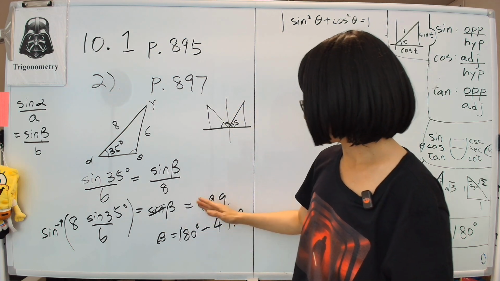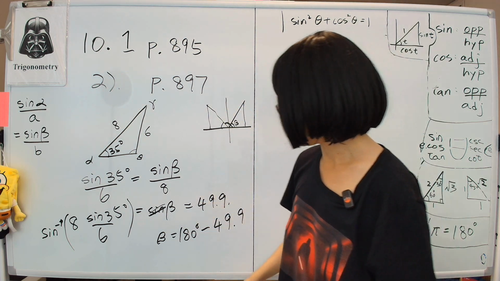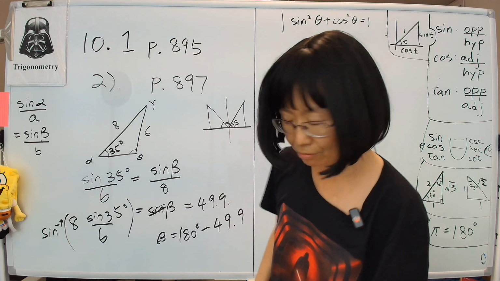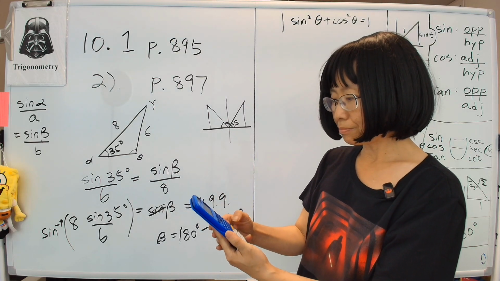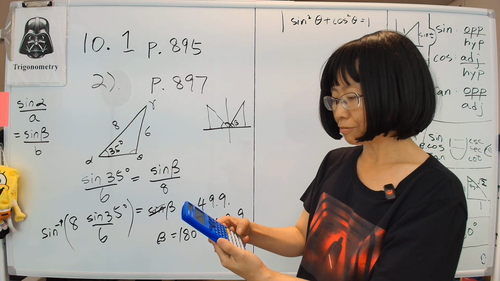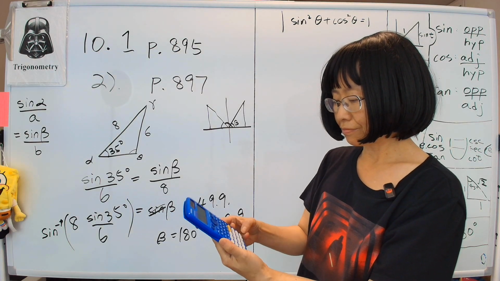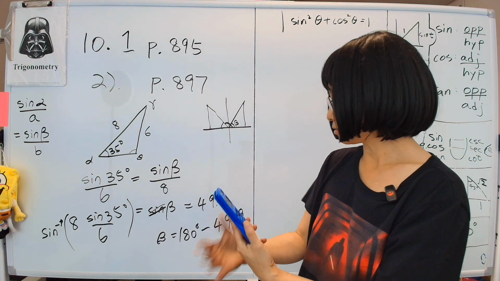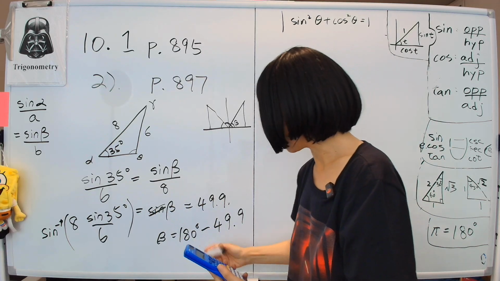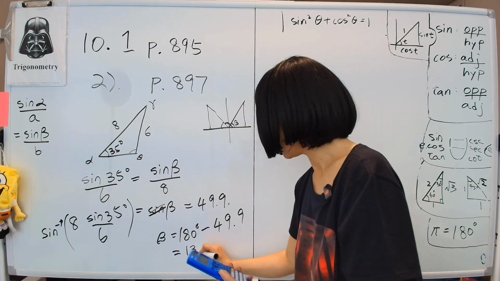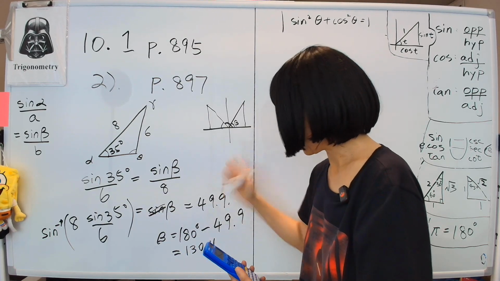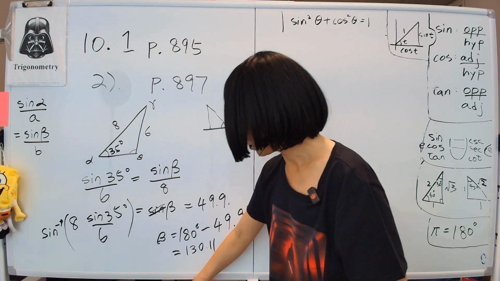So these are both possibilities for beta. The other beta is 180 minus 49.88, so it's 130 point something. That's the second solution, 130.11 or something like that. So that is the second beta.